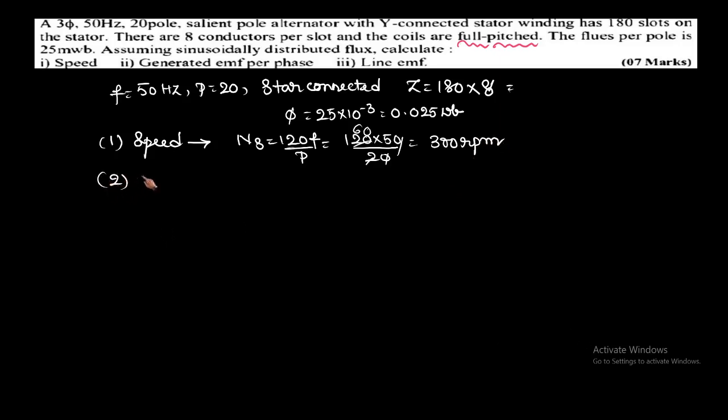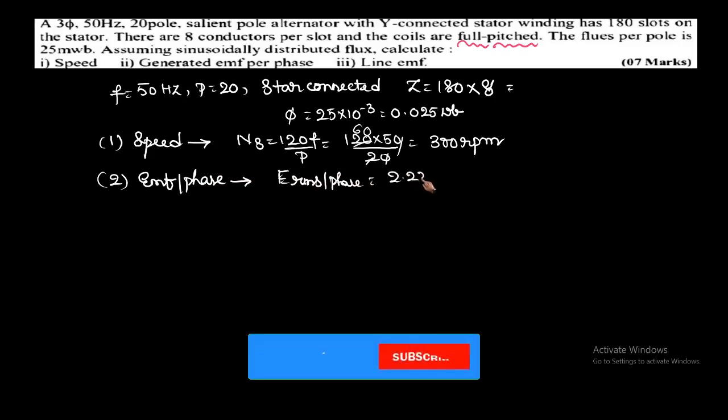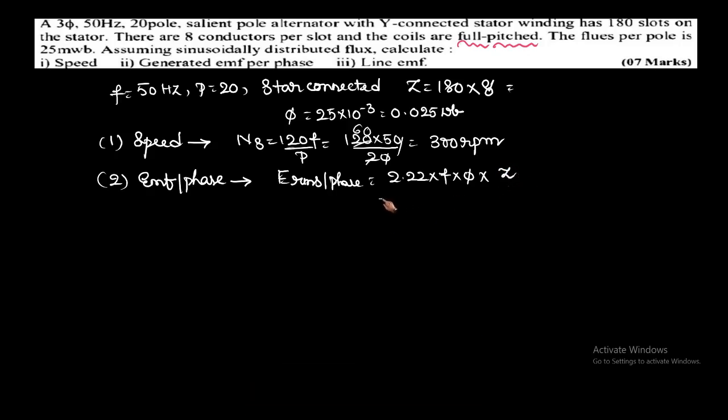Second question: generated EMF per phase. We already have the formula, and this is the only formula you are going to need for the problems. The EMF per phase, E RMS, we can write as 2.22 into f into phi into Z. So multiply 2.22 into frequency 50, into 0.025 webers, into 180 into 8.